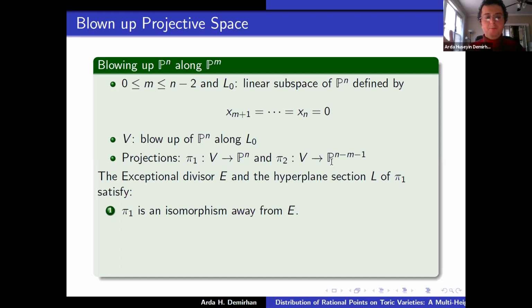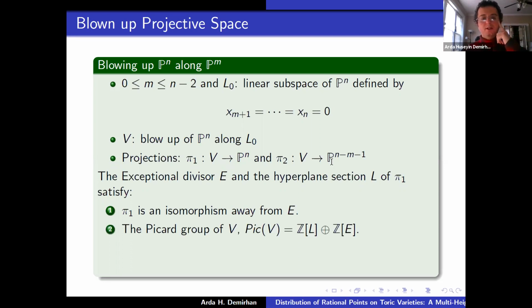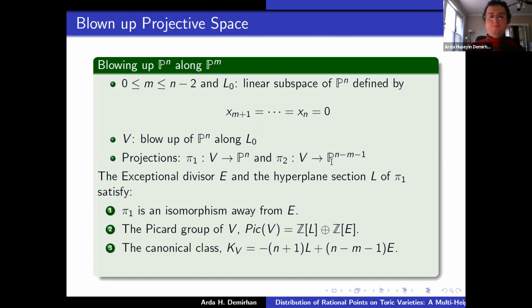Pi 1 is an isomorphism from the complement of the exceptional divisor in the blow up to the complement of L0 in Pn. The Picard group is a free group of rank 2 generated by L and E. The canonical class is given by the combination negative (n plus 1) L plus (n minus m minus 1) E.